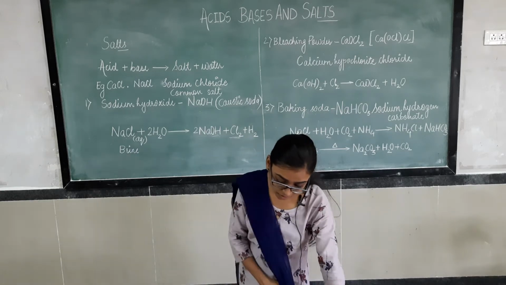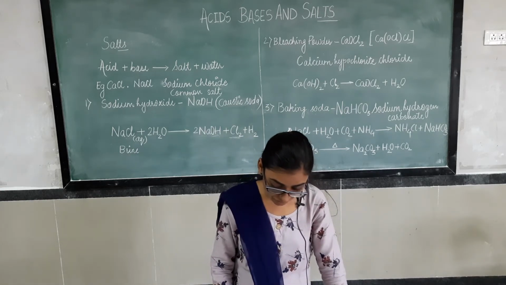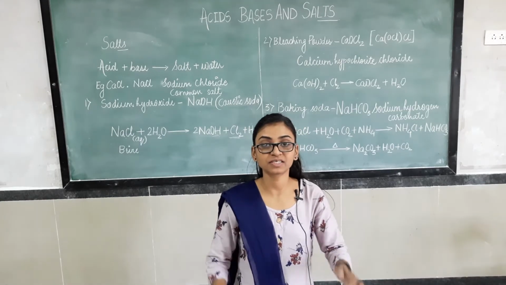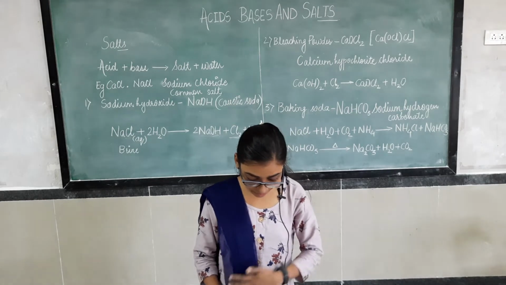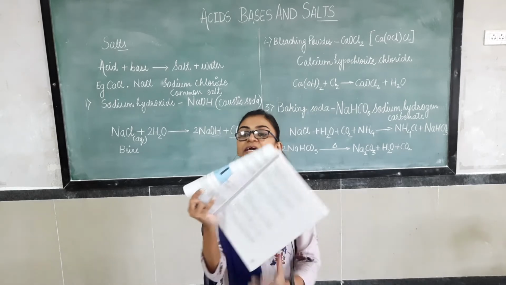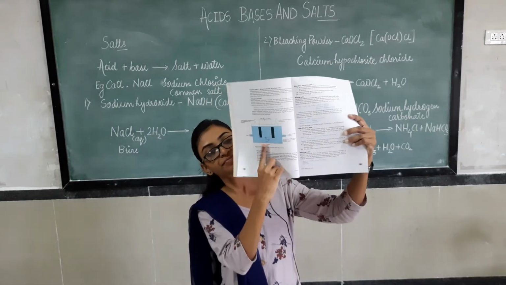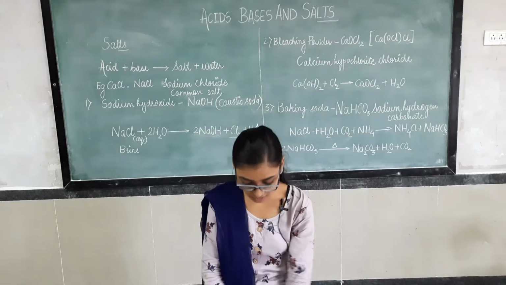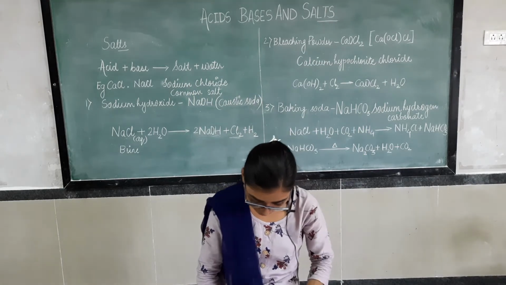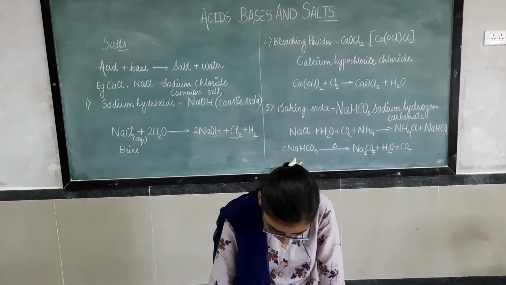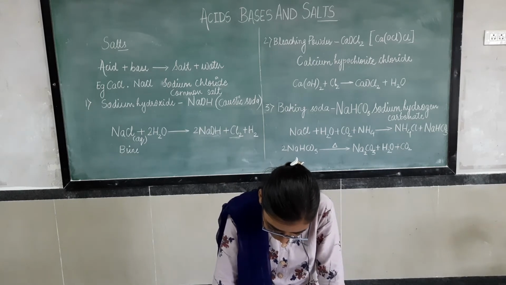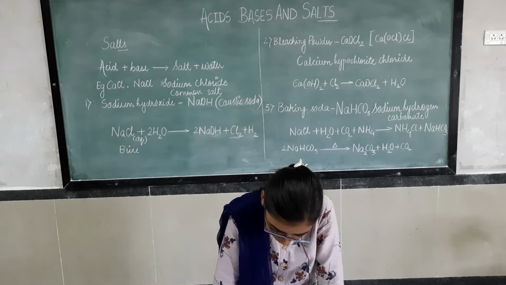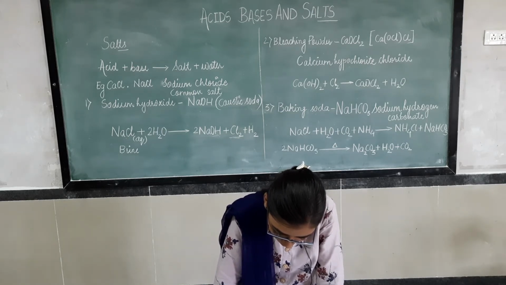You have seen, when electricity is passed through any substance, see figure number 2.8 in your books. Just look here at what is happening. Two electrodes are present, one is the anode and the other is the cathode. The anode is positive, and the cathode is negative.